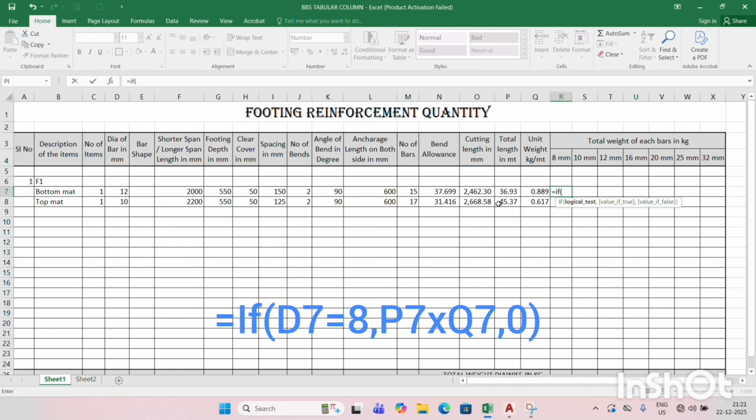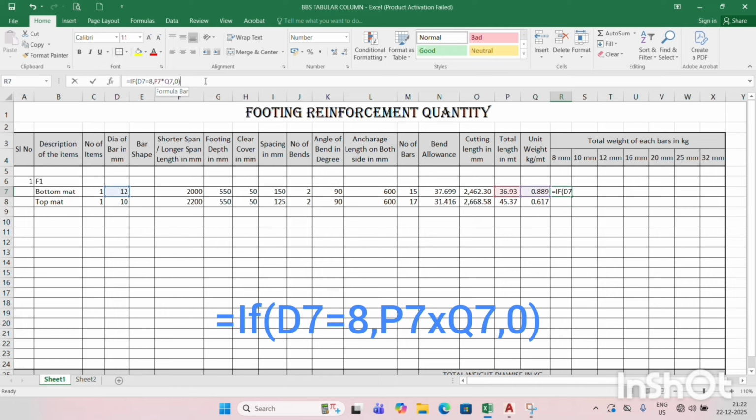If this dia is equal to this 8 mm, comma, then multiply with this total length and density of steel. Otherwise keep it 0. This is the equation over here.